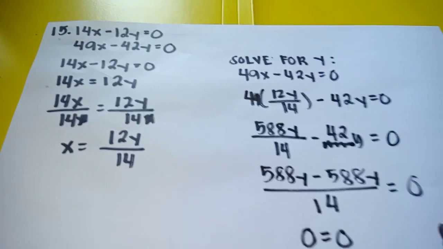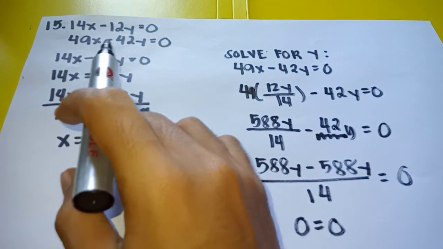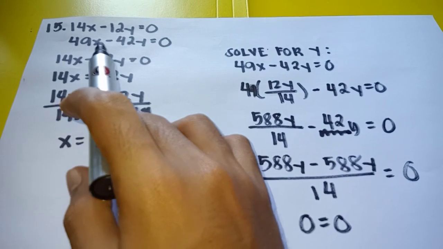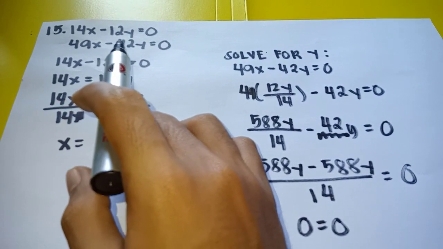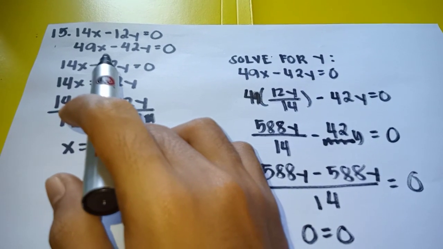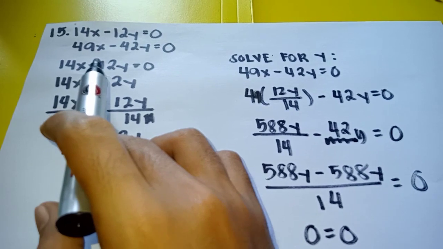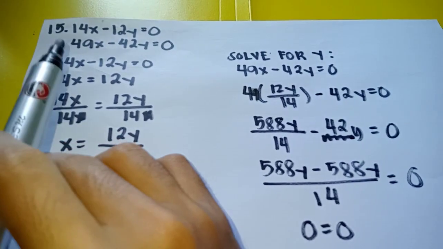Now we're already at our number 15, and we have here two equations. The first equation is 14x minus 12y equals 0, and the second equation is 49x minus 42y equals 0. So the first thing we have to do is to find the initial value.